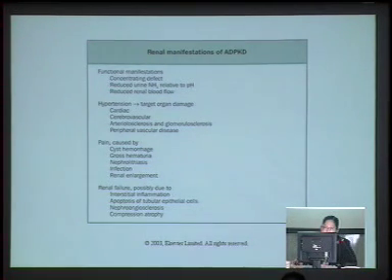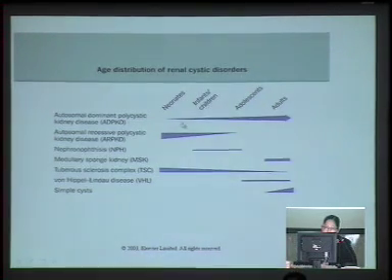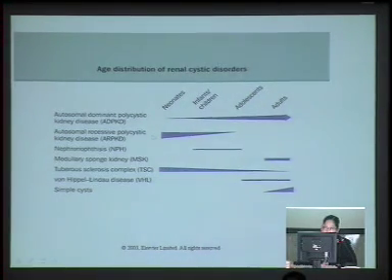Briefly about adult polycystic kidney disease, one of the causes of renal failure. It can cause pain, hematuria, hypertension, and renal failure. So there are cysts: autosomal dominant polycystic kidney disease, or autosomal recessive, also seen in children, and medullary sponge kidney, not very common.